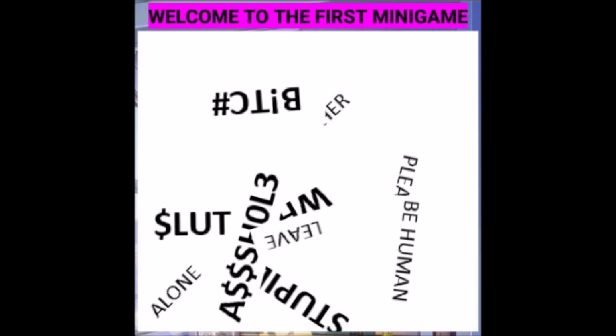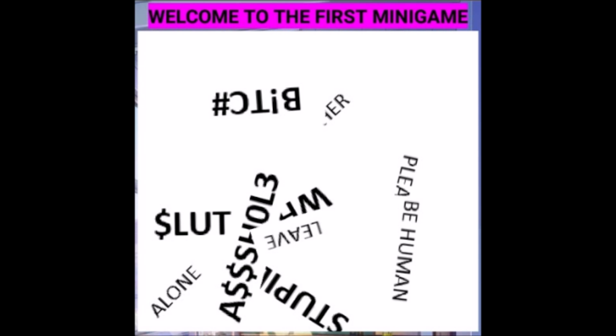This is the first minigame. As you can see, it's a canvas with various sprites. Every bad word is set up like this. The instructions are, first of all, click all the bad words and eliminate them. Every time that you click one bad word, then global score will be increased by 1.